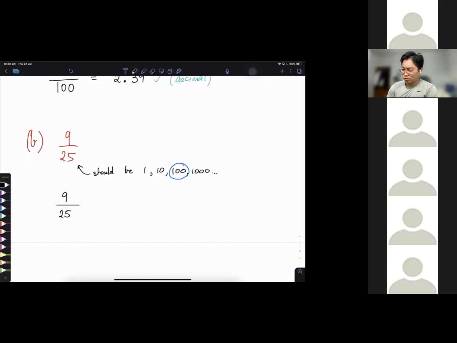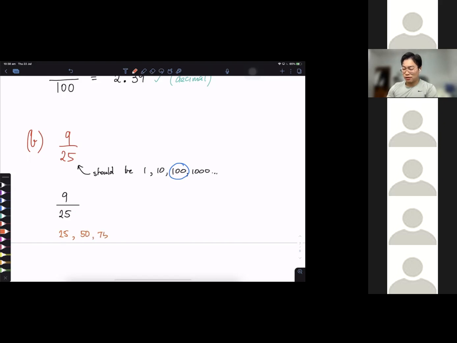So what do we need to multiply the top and the bottom by? What do you think we need to multiply this 25 by to get to 100? 4. Yep. So if we look at our 25, if you add another 25, that's 50.